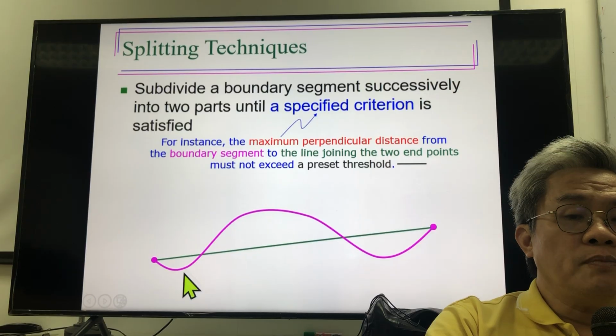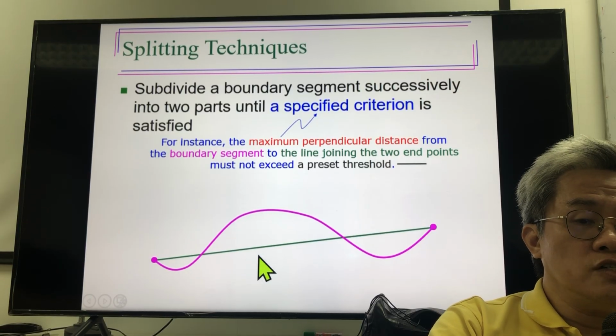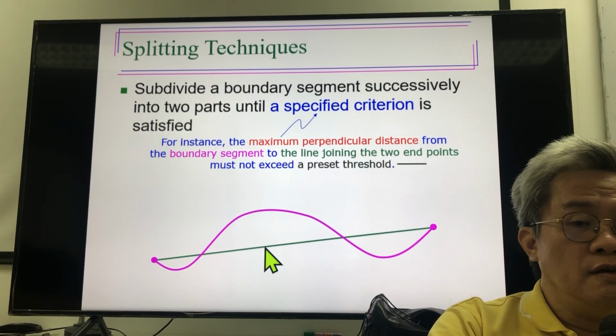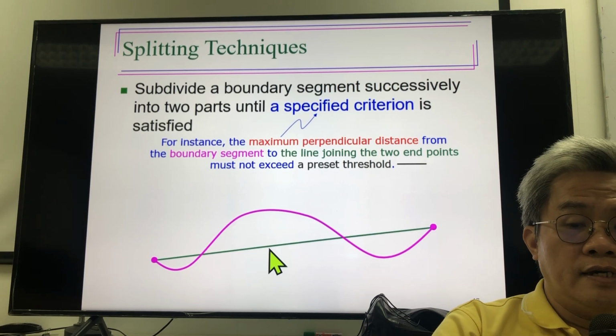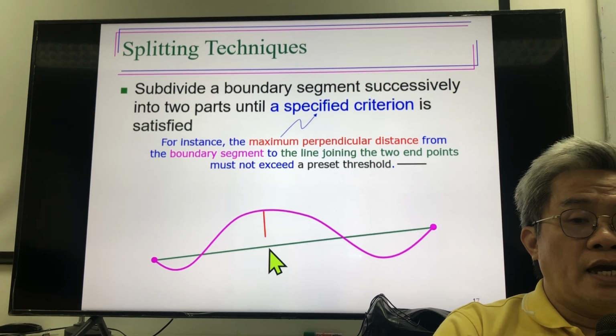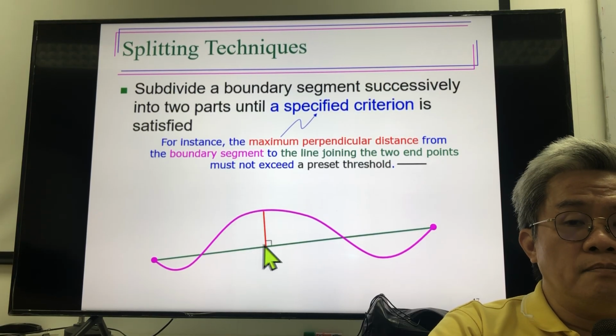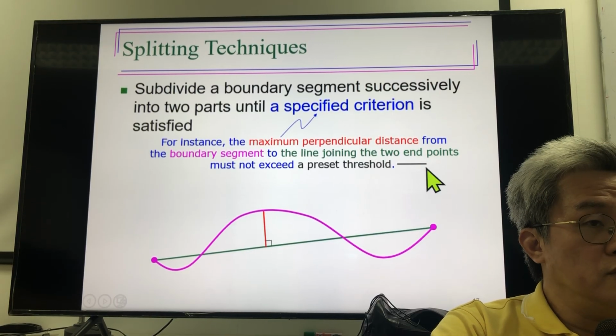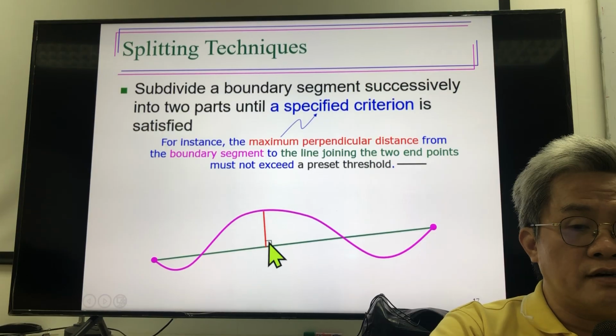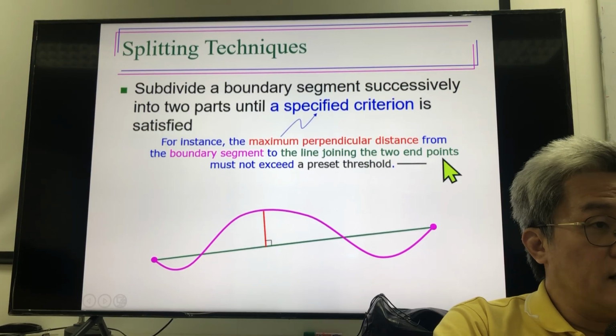For example, here you can see the maximum distance from the pink curve to the green straight line is this much. And you compare this length to the threshold, you can see that this error is more than the threshold.